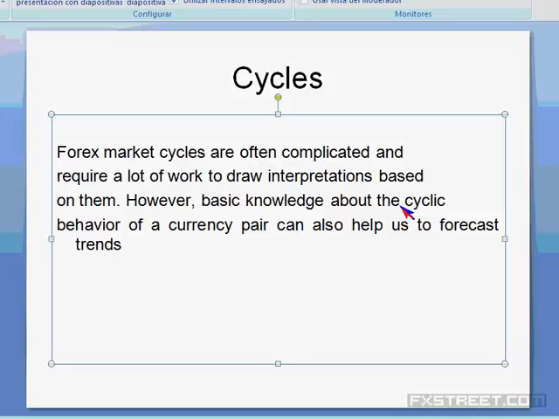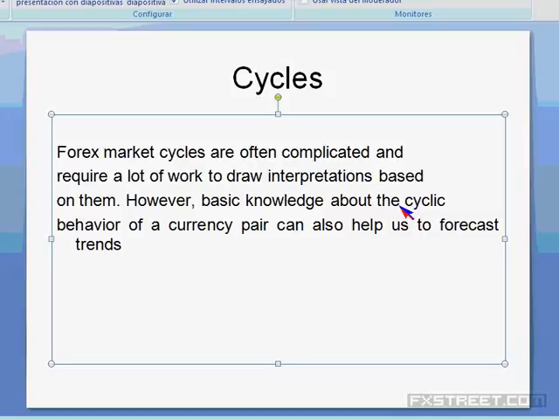However, it's not so simple to deconstruct. This is governed by several different factors that we are going to discuss today. When it comes to the forex market particularly, whenever those waves repeat themselves, we call it a cycle.